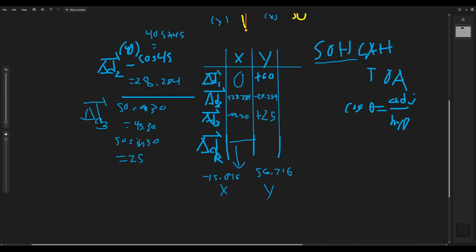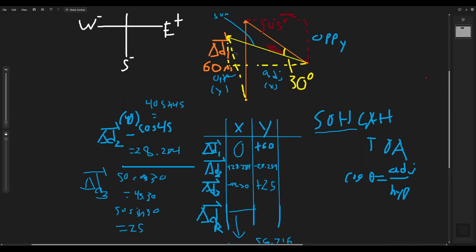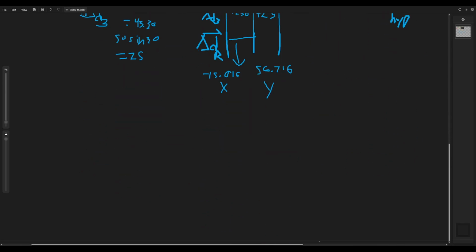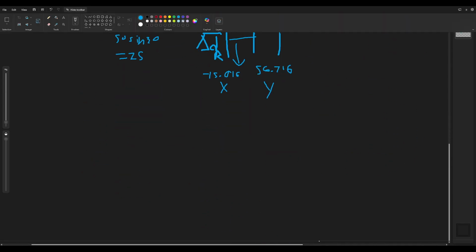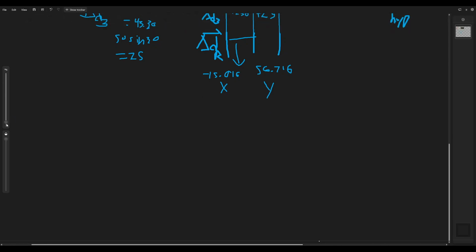Now what you want to do with this is create your own triangle. Then you solve for the hypotenuse, which is basically this long yellow line that I drew, not the opposite of our last displacement. What I like to do first is see which one has more value, and I'm going to draw that one first.